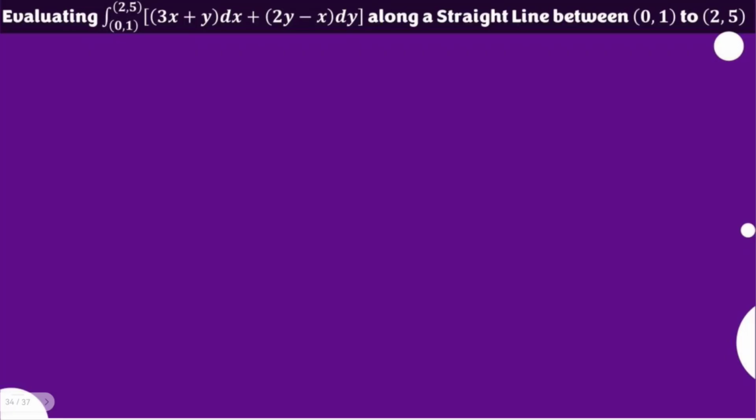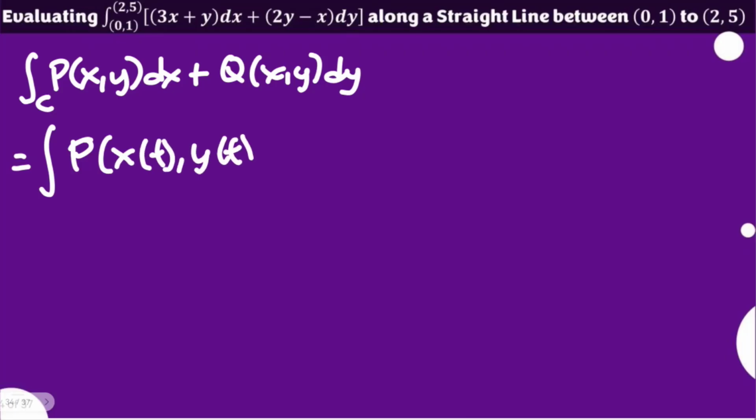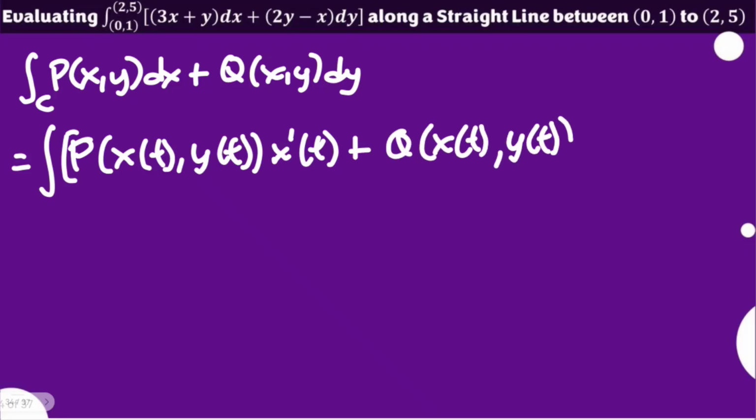Now, let's not forget that, of course, the real line integral of P(x,y) dx plus Q(x,y) dy along our path C is just equal to the integral of P(x(t), y(t)) times the first derivative of x(t) plus Q(x(t), y(t)) times the derivative of y(t) dt from a to b.